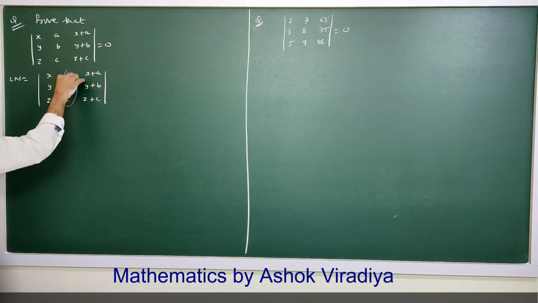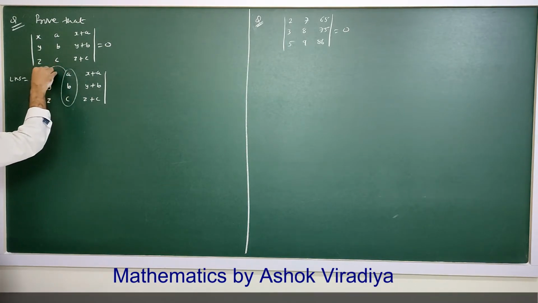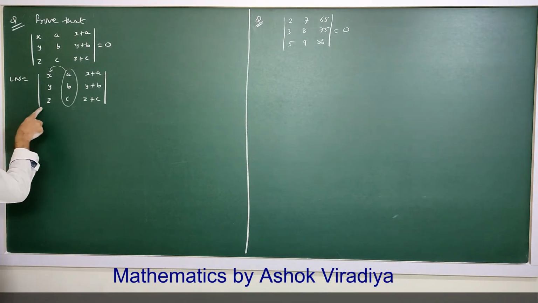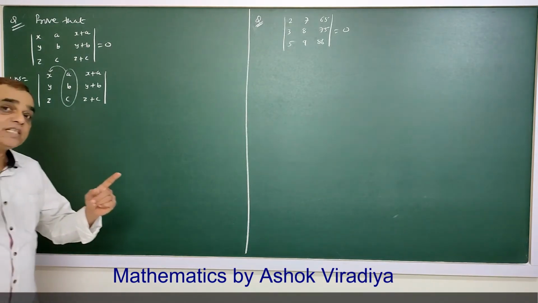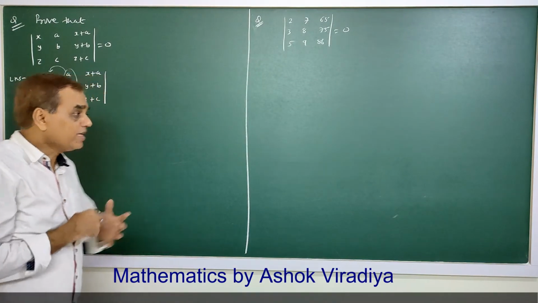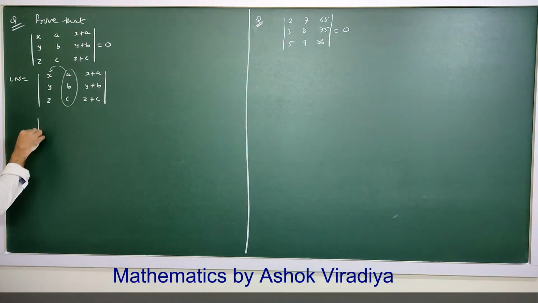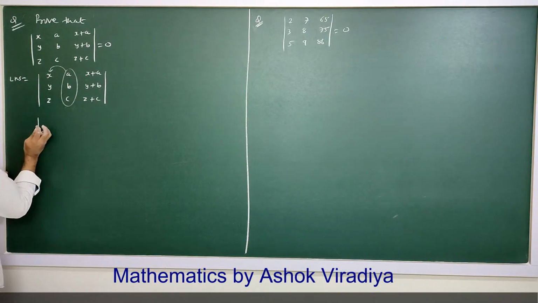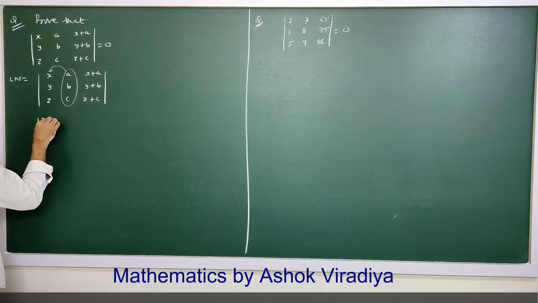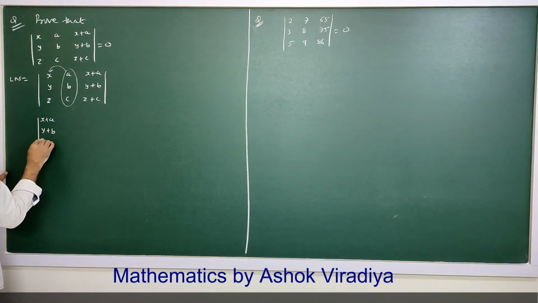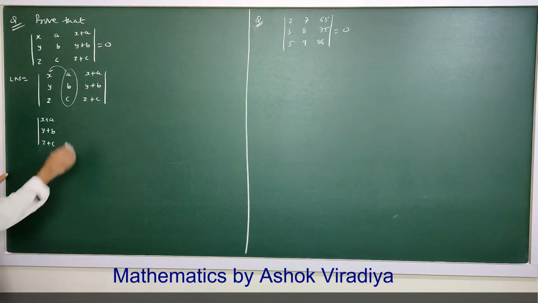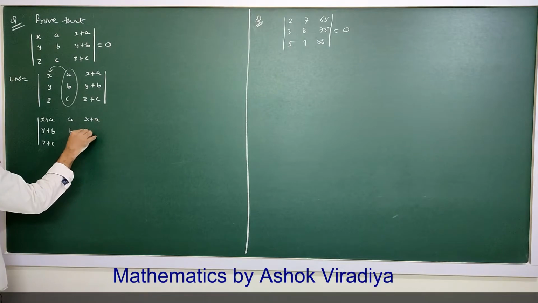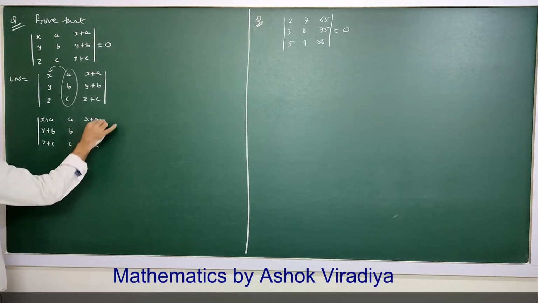If we add elements of the second column to the first column, then the first and third columns will be the same. So doing this, I am adding the second column to the first column. So x plus a, y plus b, z plus c. A, b, c, x plus a, y plus b, z plus c.